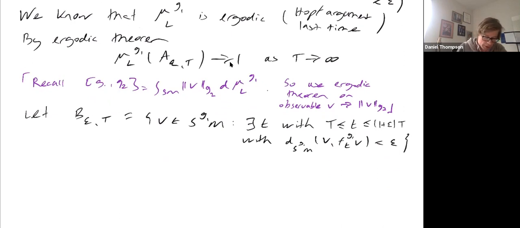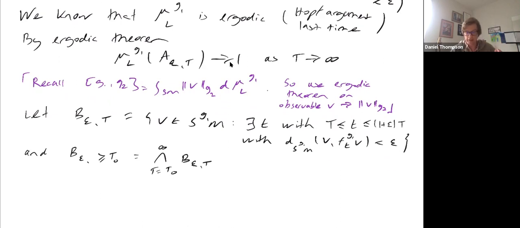And just some notation. I like descriptive notation, even if this is getting a little messy. I'm going to write b epsilon greater than or equal to t0, in the subscript, to be the intersection from t equals t0 to infinity of b epsilon t. So this is the set of points such that for all times bigger than t0, you have recurrence in that window from t up to 1 plus epsilon t.